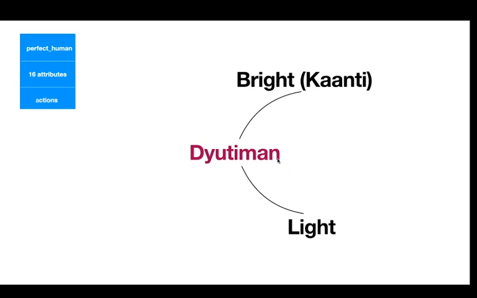So Dyutiman doesn't represent only the physical characteristic of outward appearance. It means something more. Dyutiman means that light which makes things visible, which brings out the true meaning of the entities. That is Dyutiman.